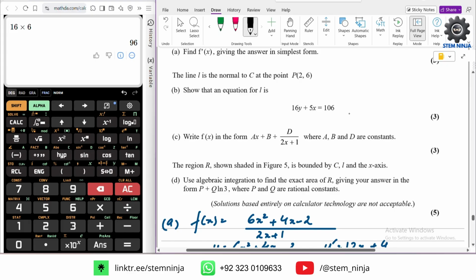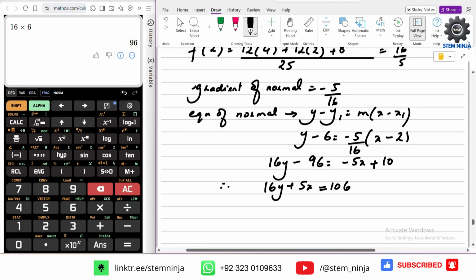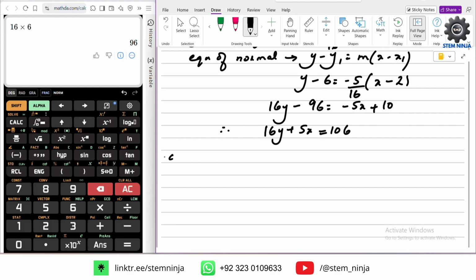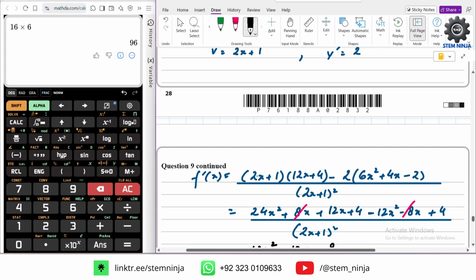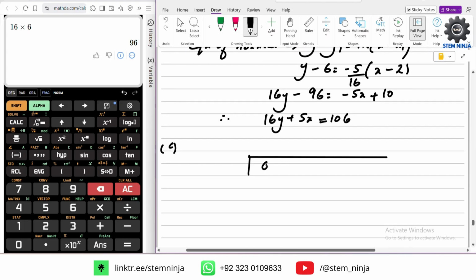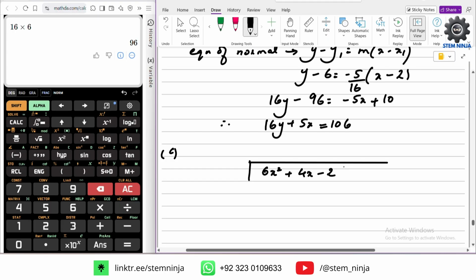Write f of x in the form ax plus b plus d over 2x plus 1. Okay, so first we need to do the long division. Right. C part, long division. So this was 6x squared plus 4x minus 2, divided by 2x plus 1.